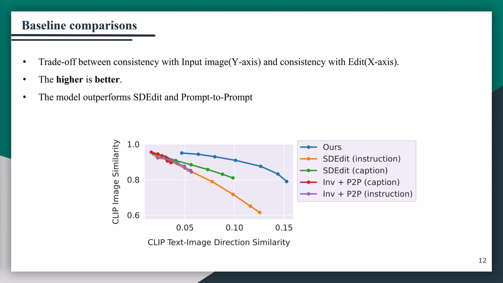InstructPix2Pix performs better in terms of balancing similarity to the input image and accuracy in following the edit instruction, as shown in both quantitative metrics and visual examples. As you can see in the image, higher is better, and the blue one is showing InstructPix2Pix, and InstructPix2Pix outperformed SDEdit and prompt-to-prompt models.